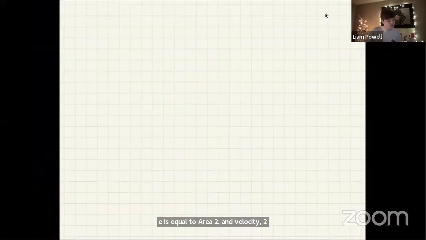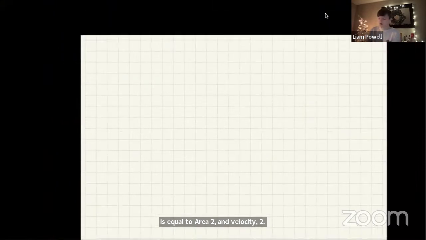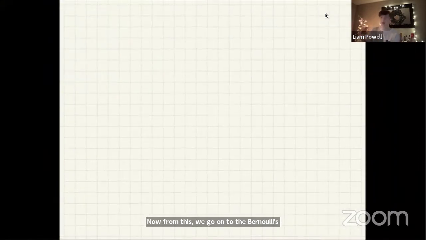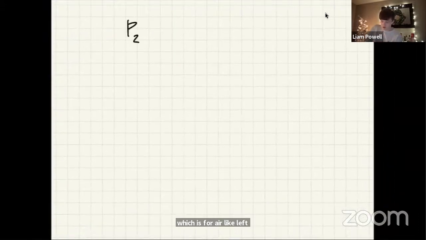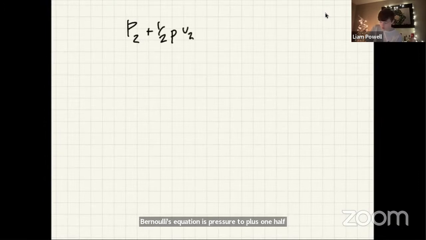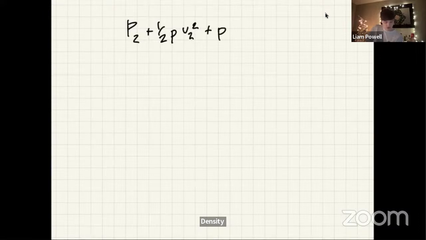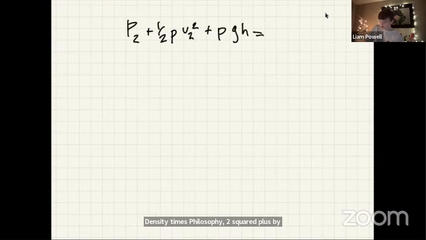Now from this, we go on to Bernoulli's equation, which is for air, like lift and stuff like that. Bernoulli's equation is pressure 2 plus 1/2 density times velocity 2 squared plus density times gravity times height is equal to the same thing on this side.